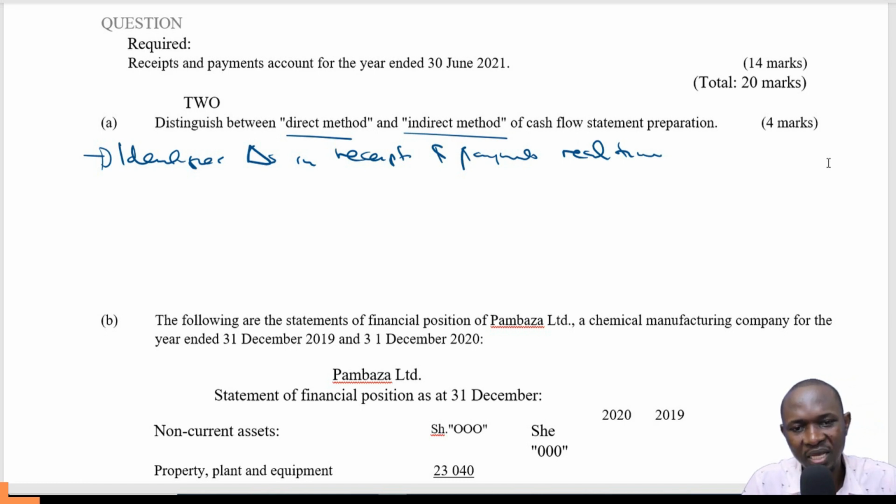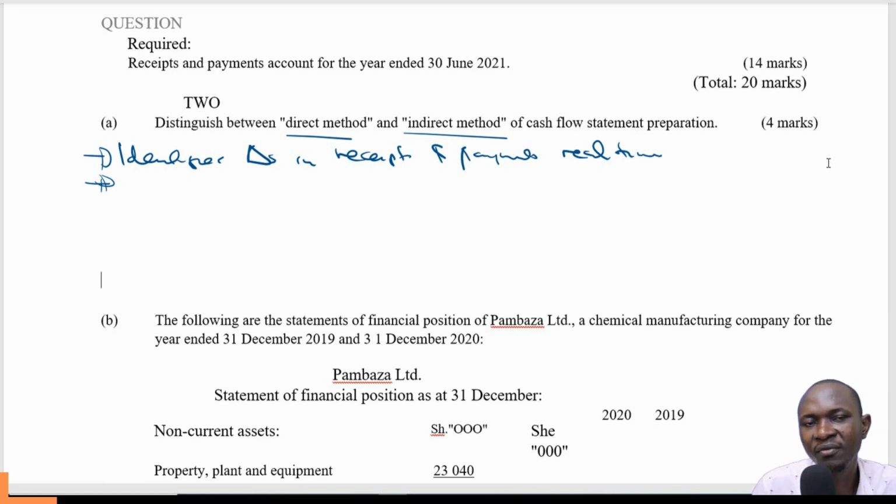As you do your stuff, you capture them as receipts and payments, and basically you capture the cash inflows and outflows. Anything that brings money in, you capture as an inflow. Anything that takes money out, you capture as an outflow. Then the indirect method, it just doesn't apply.